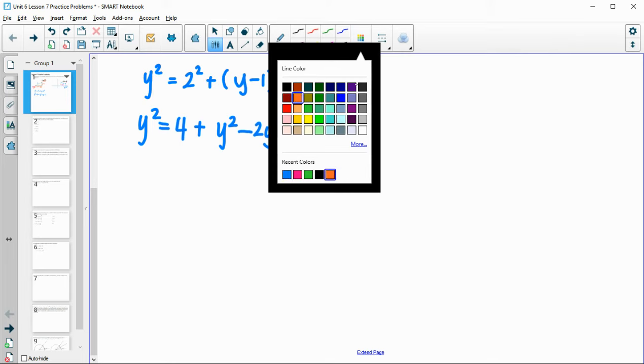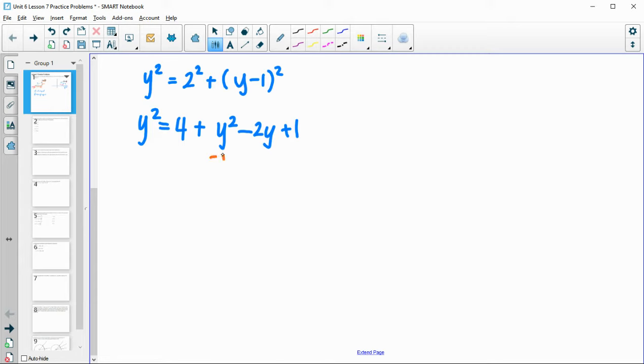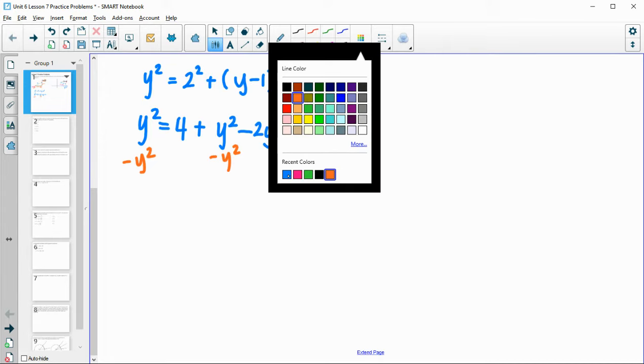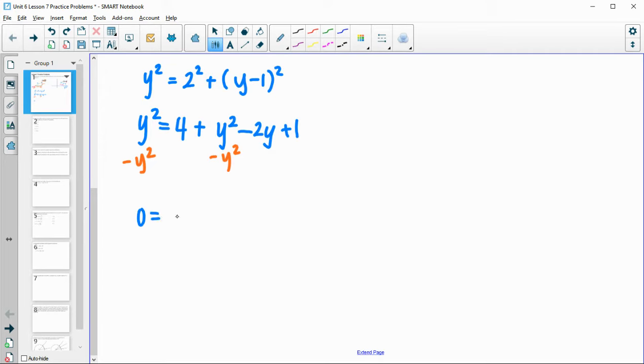So let's solve this for y. First of all, let's get our y squared over to the other side. We'll subtract y squared, which will end up giving us 0 equals 4, and then y squared minus y squared is 0, so we have minus 2y plus 1. We can add the 4 and the 1 together, so we get 5 minus 2y.